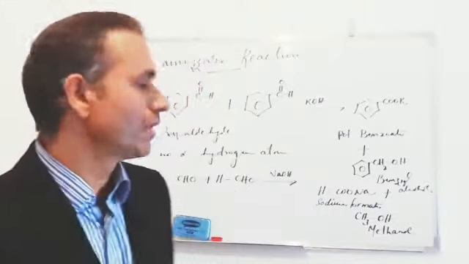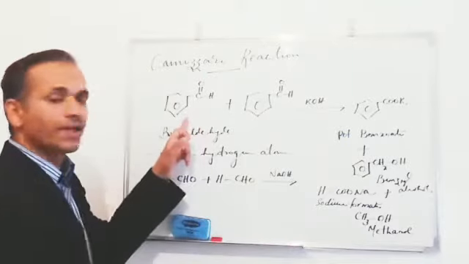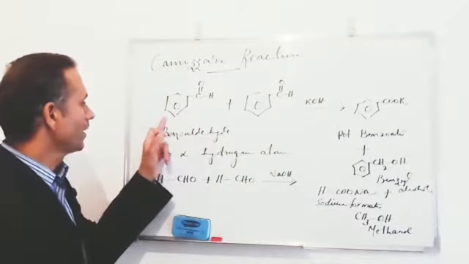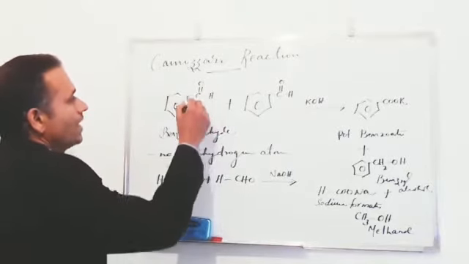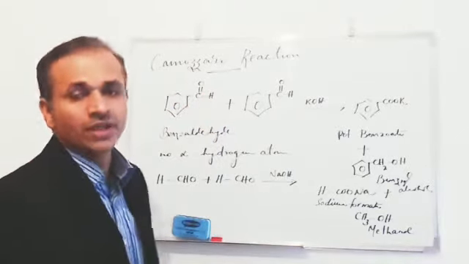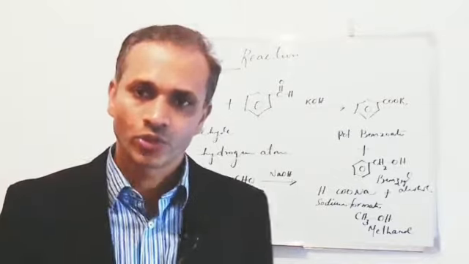So, for example, if you are taking benzaldehyde, C6H5CHO, the CHO group is called the functional group, an aldehyde group.